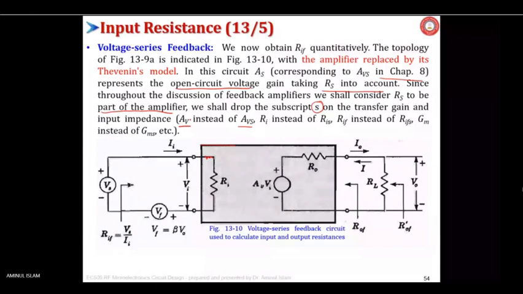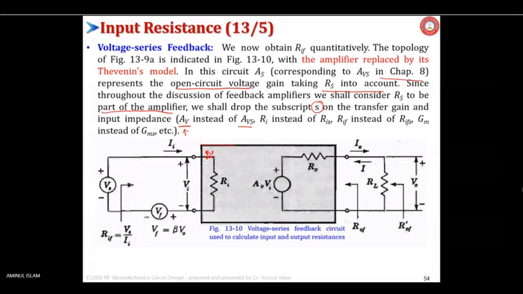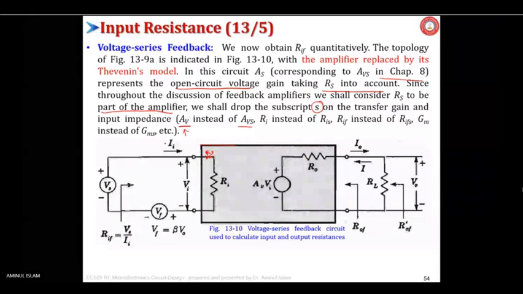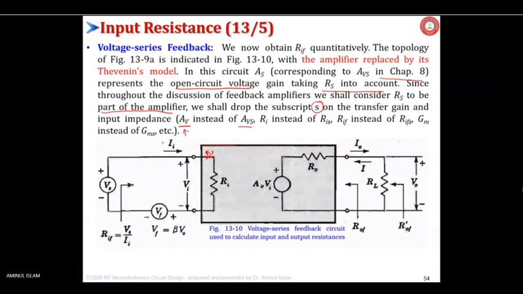But this amplifier is having the RS also. RI instead of RIS, RIF instead of RIFS, GM instead of GMS. So notational formalities also it is told. This is the way we are going to use the notation.